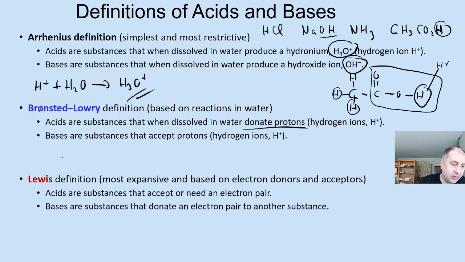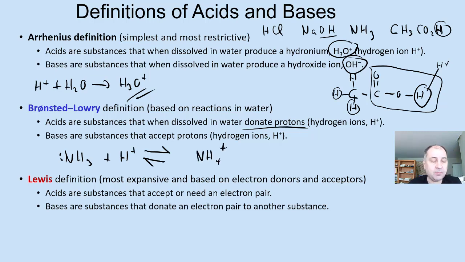So now all of a sudden we can take this NH3 molecule, ammonia, and say, well, it is a proton acceptor, because it can react with the proton, it accepts that to form the ammonium ion, NH4.